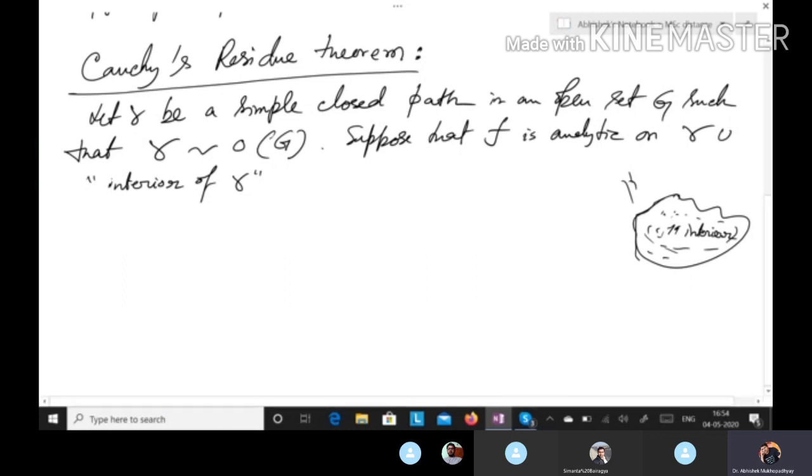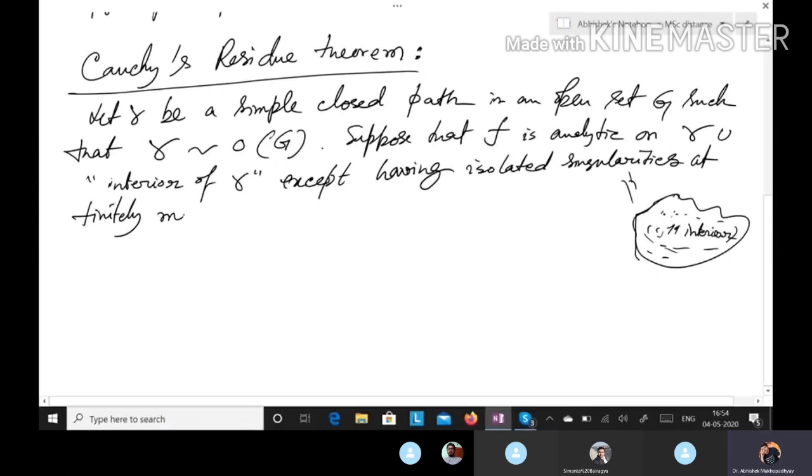but except having isolated singularities at finitely many points z1, z2, ..., zn in the interior of gamma.